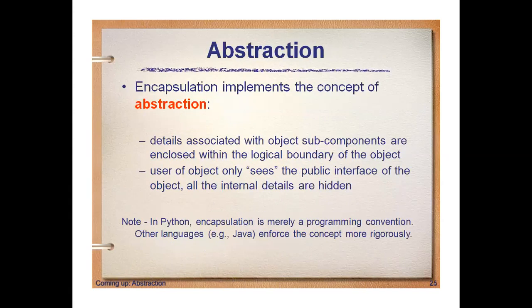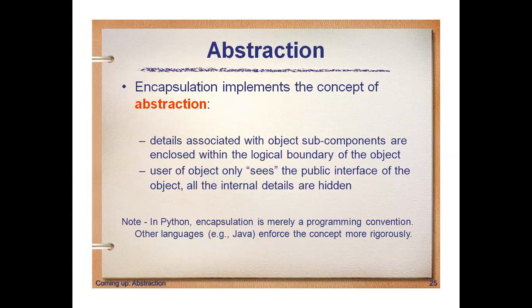Abstraction means hiding all the information. We know this time and again. Simply repeating the definition: encapsulation implements the concept of abstraction. The details associated with the object's subcomponents are enclosed within the logical boundary, and users of the object only see the public interface of the object. All internal details are hidden.